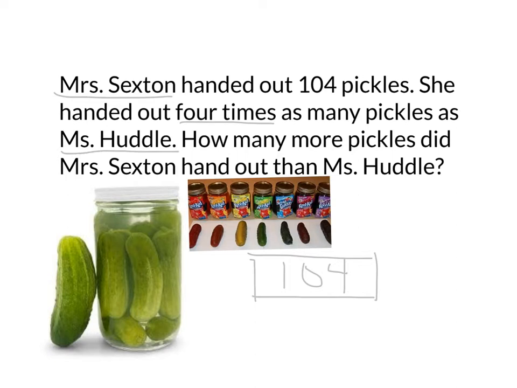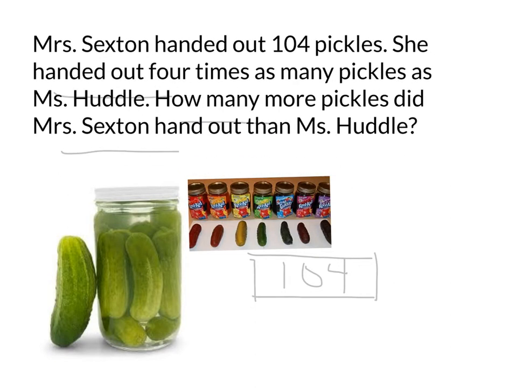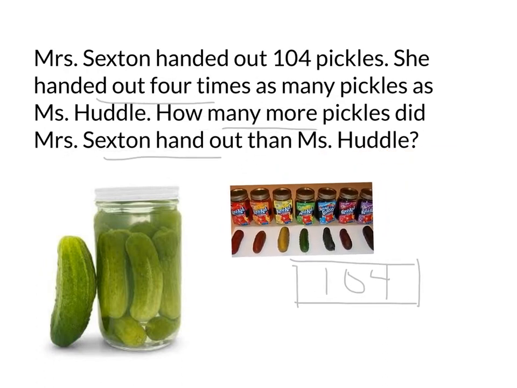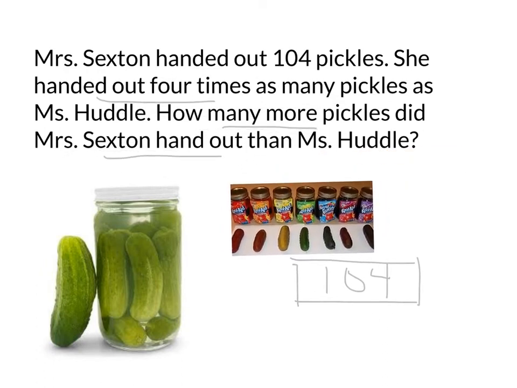So 4 times as many. Do you know what that means? That means the amount of pickles I handed out was only a fraction of the amount of pickles you handed out. Yes. So what we need to do is, what do we need to do?